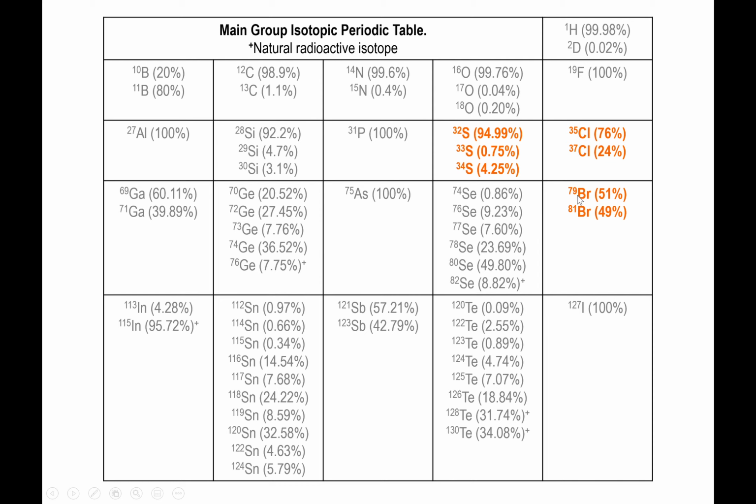So what this means is that you're going to have 1 part bromine-79 to 1 part bromine-81 in any bromine sample. Let's think about these values: chlorine-35 is going to be 3 times as big as chlorine-37, and bromine-79 is going to be just as big as bromine-81. Once again, they are separated by an overall atomic mass difference of 2.